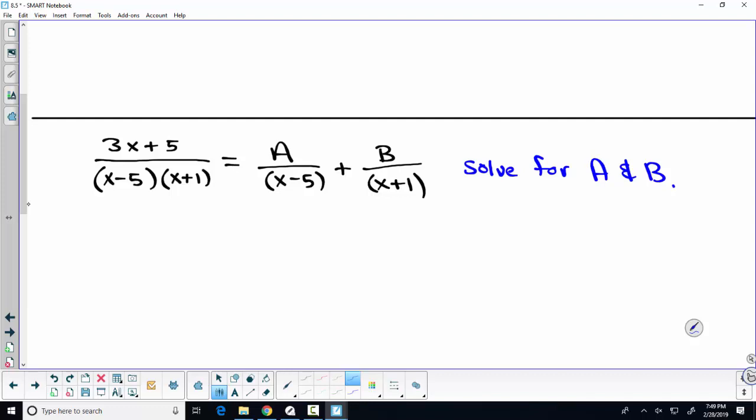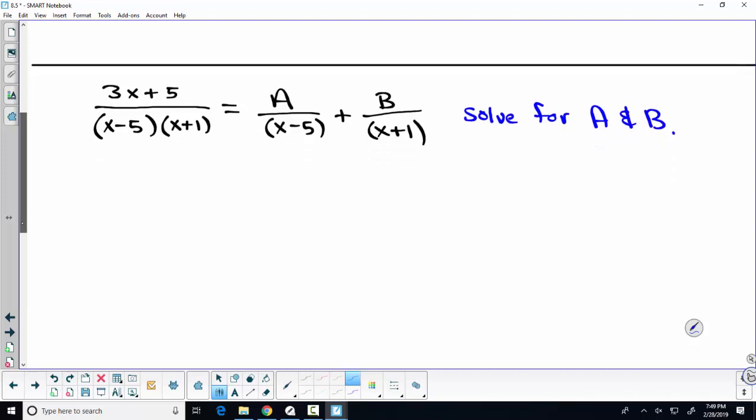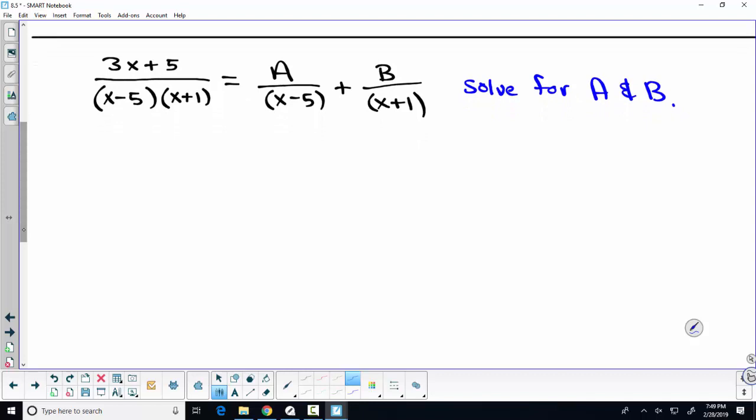Here the denominators are multiplied, but over there they're added, right? So if we were going to add A over x minus 5 plus B over x plus 1, we have to multiply the first one by x plus 1 over x plus 1, and the second one by x minus 5 over x minus 5 before we add those together, right? So it's the reverse process of that.